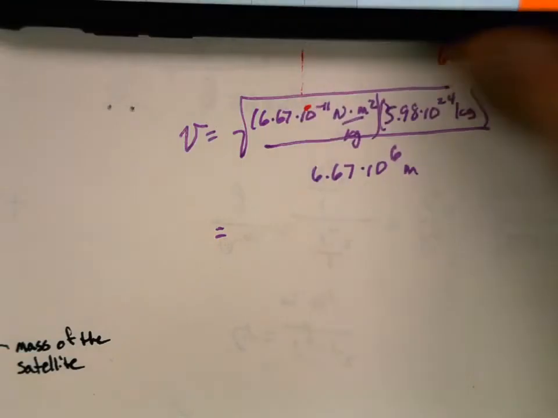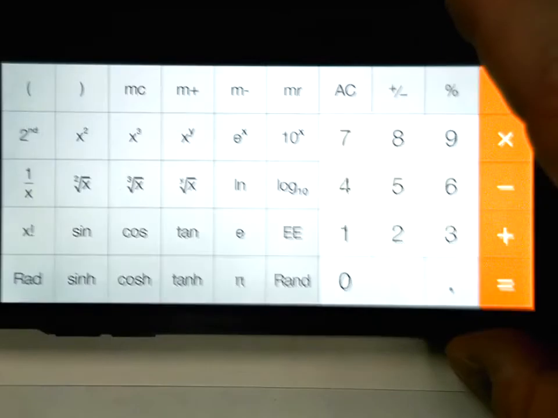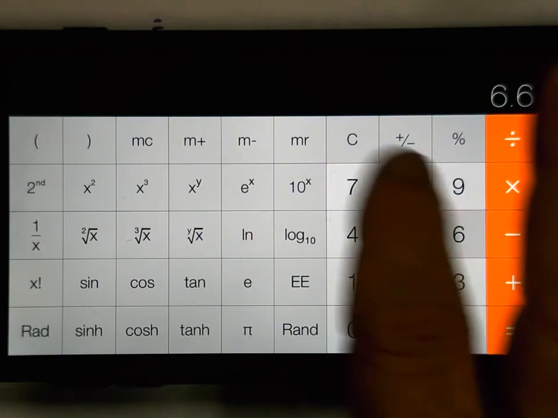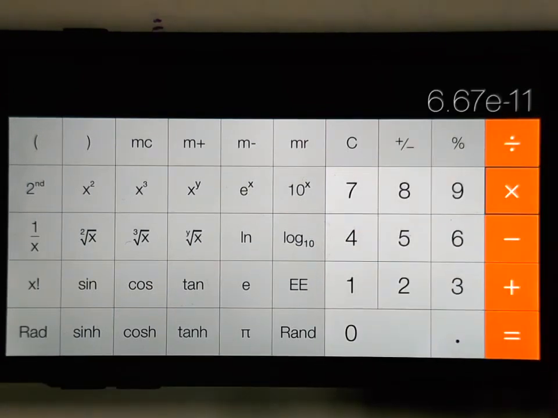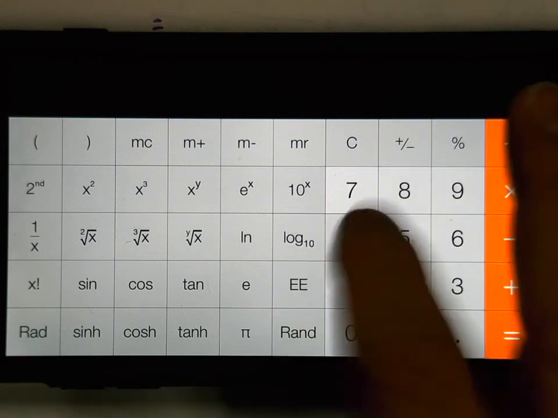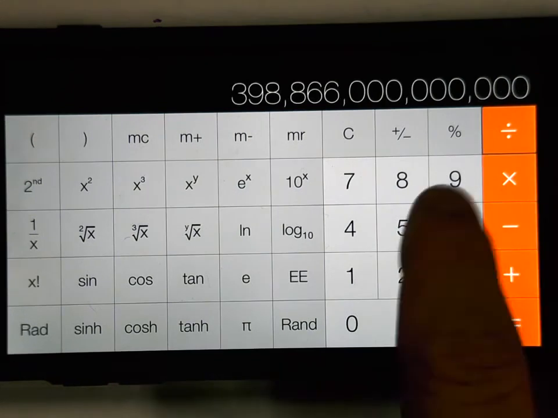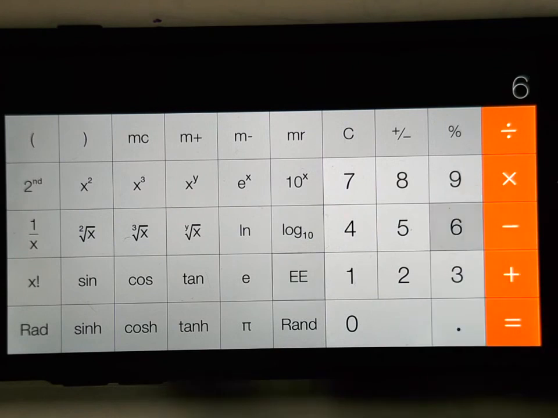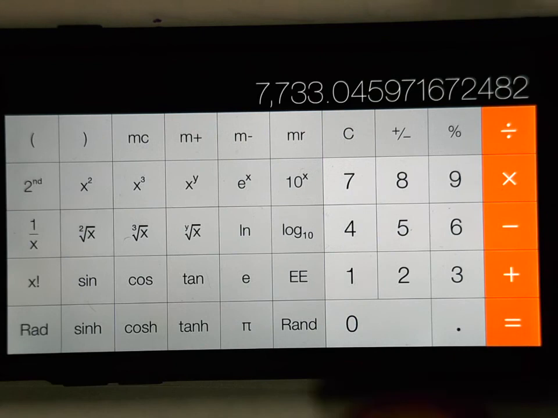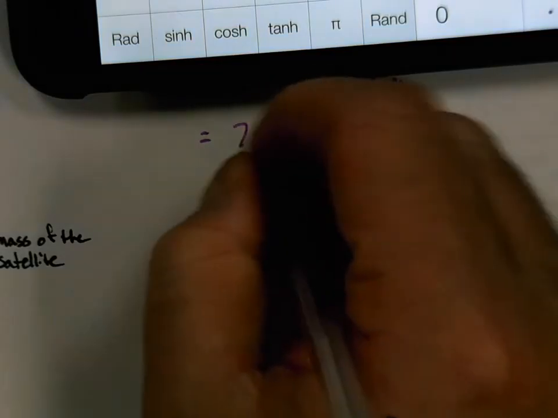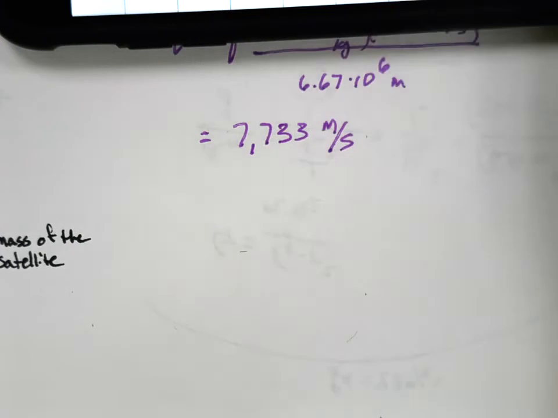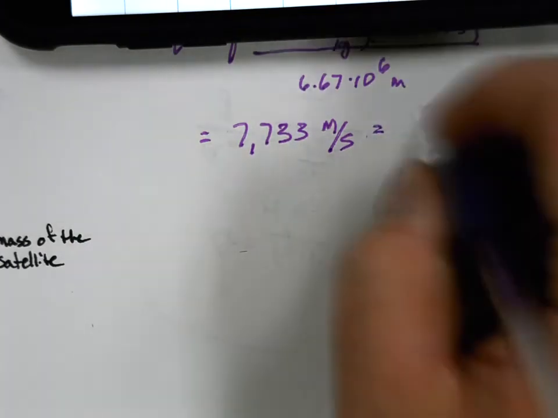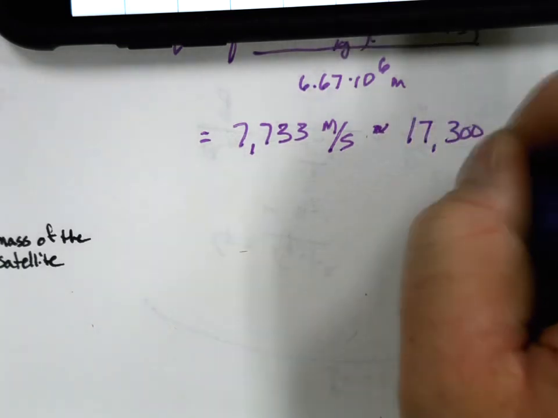We're going to get 6.67 times 10 to the negative 11th times 5.98 times 10 to the 24th divided by 6.67 times 10 to the 6th meters equals, and then we square root all that, and we get 7,733 meters per second, which if we convert this to miles per hour, this winds up being approximately equal to 17,300 miles per hour.